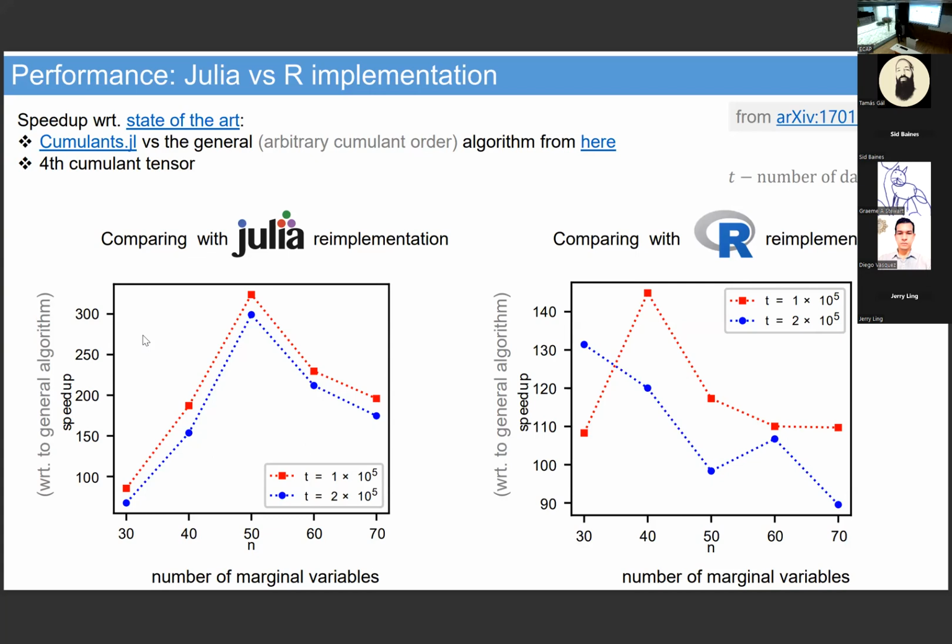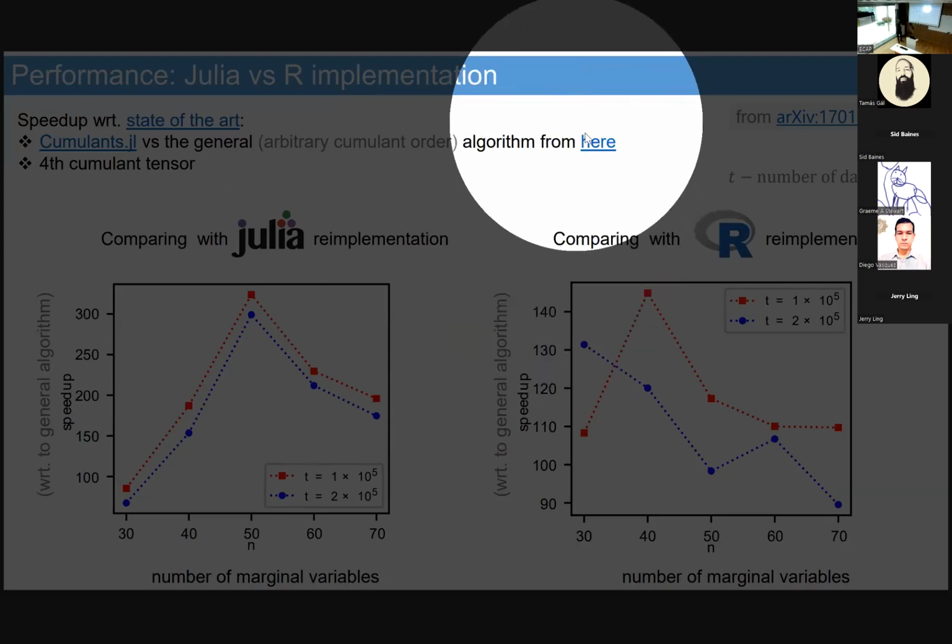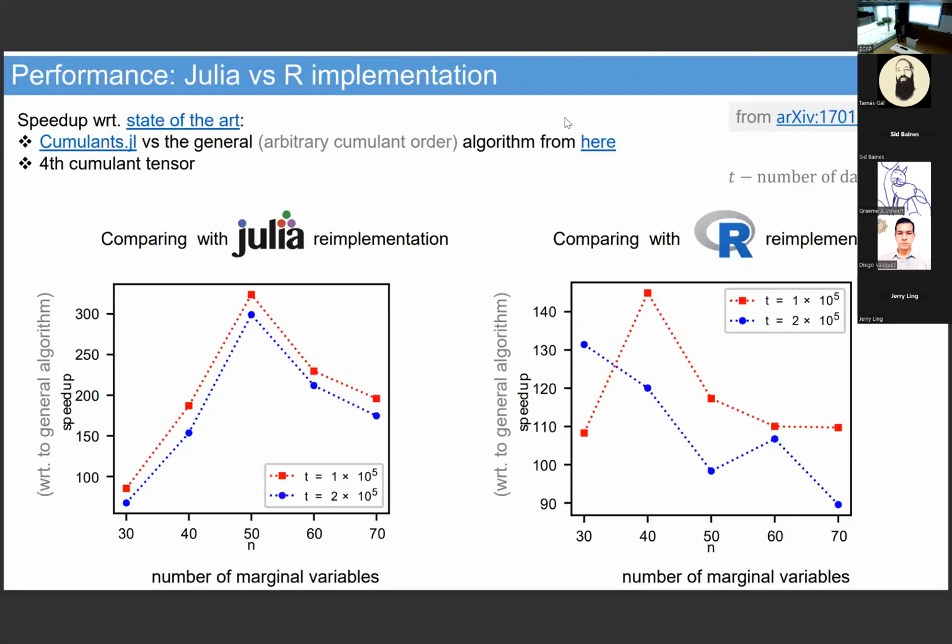And here we just compare again the algorithm, but this time not against the naive approach, but against the state of the art, which was published in, well, you can go to the Indico and click the link in the slide to that paper. And this was re-implemented first in Julia on the left and in R on the right.